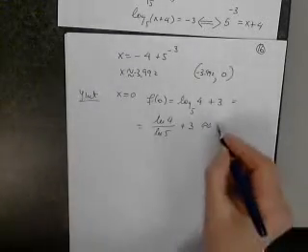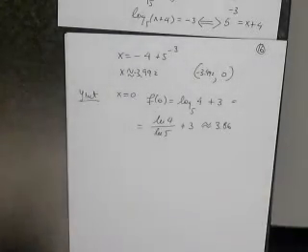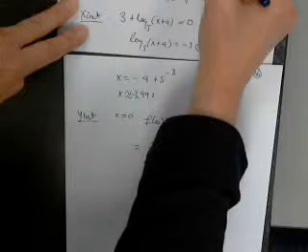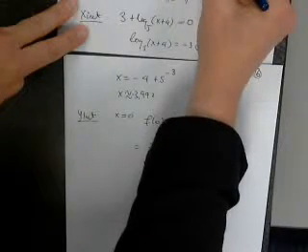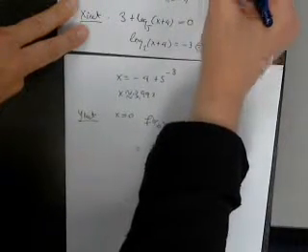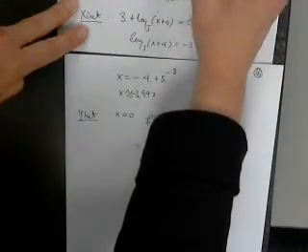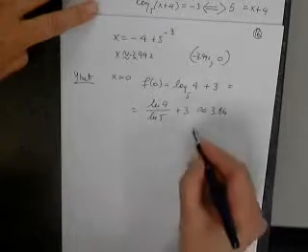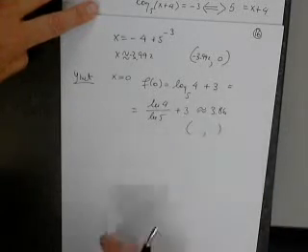Did it make sense? 3.86. When I go back, I graphed it too far up. So if this is 4, it should have been a little bit lower. But I can make the correction now. So what is the y-intercept?